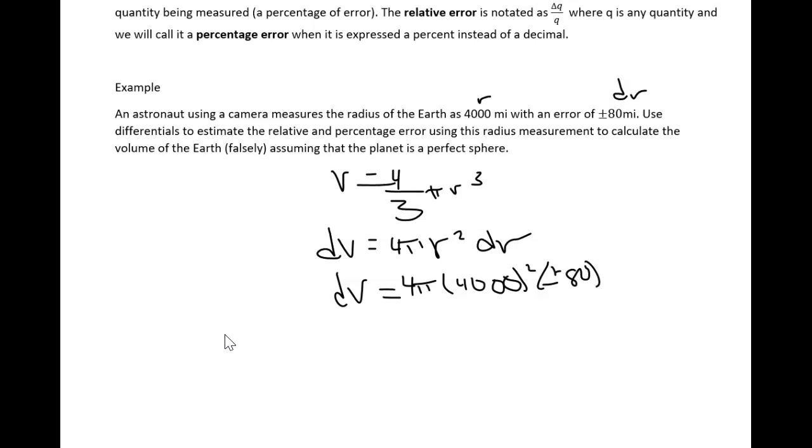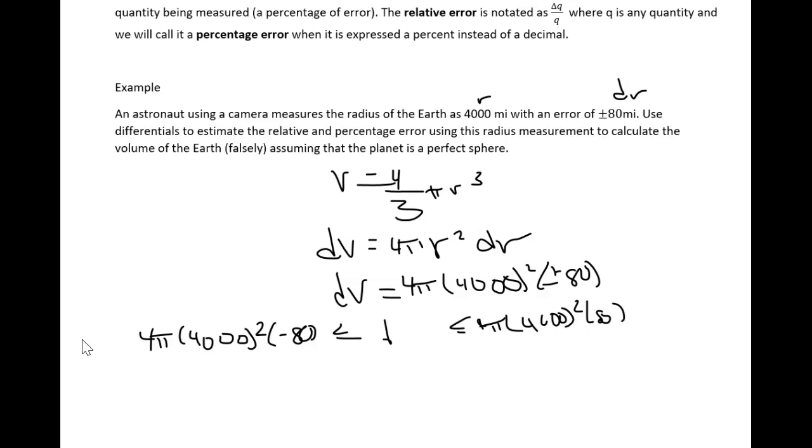So that tells us that our relative error is this measured error with the derivative. Let's fix that. We're going to do negative 80 on the low end. And then same thing, but with positive 80 on the high end, 4,000 squared. And then we want to divide that by the original quantity, which is our original volume.